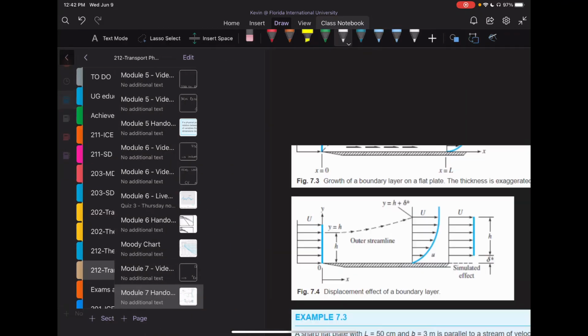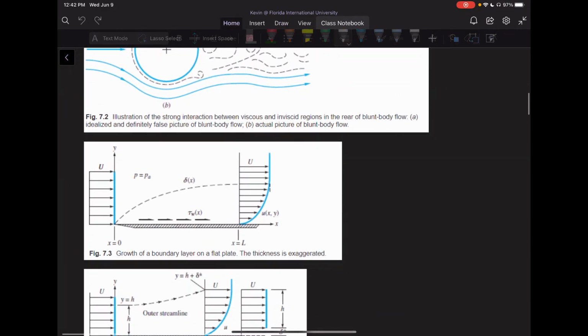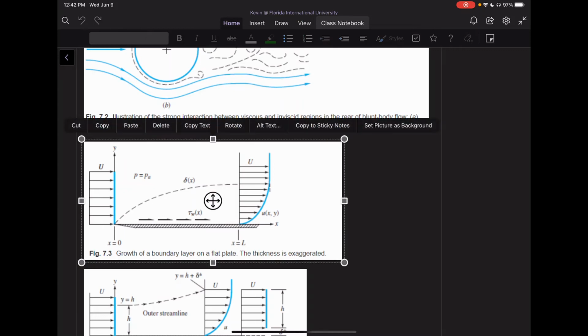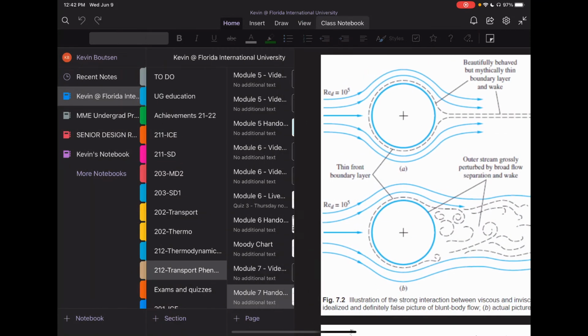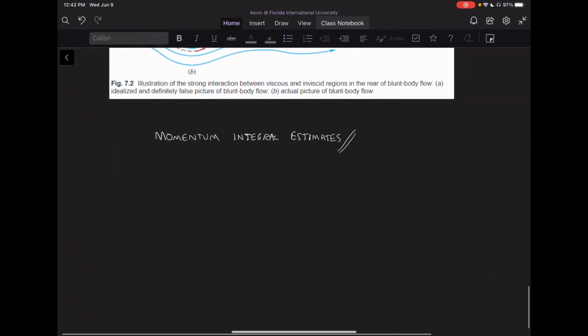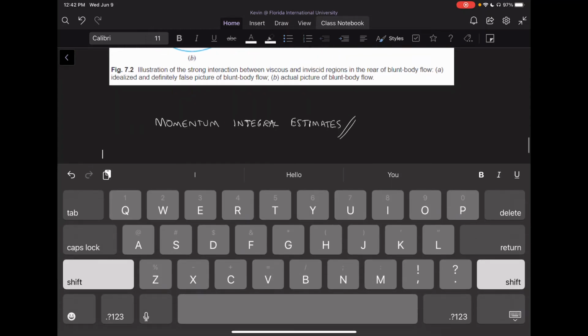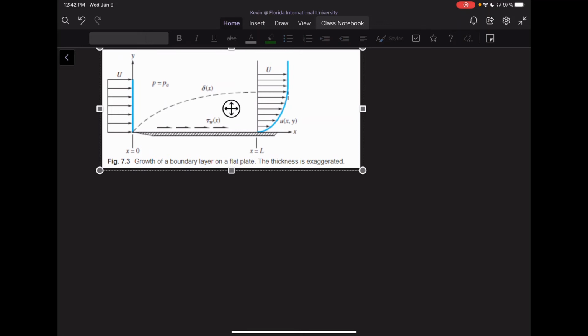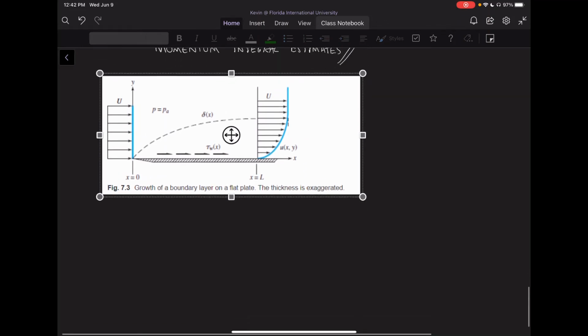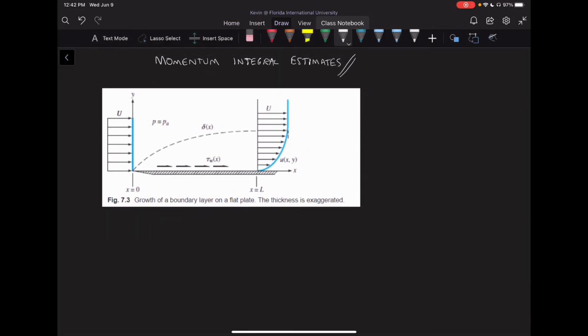So I'm going to copy over another figure from our handout, which shows us the growth of a boundary layer on a flat plate. What we can say is we can see that in the figure, the thickness is exaggerated.